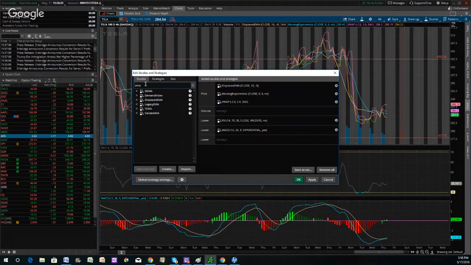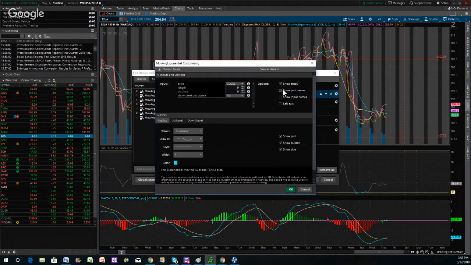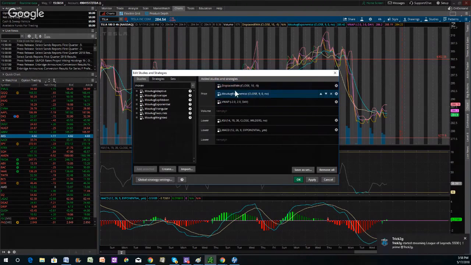Make sure when you select the moving average, the exponential one, that it's a 9 and 0. If your number is different, you can go to the settings here and change the number to 9. Also, the displaced EMA is a 10 and -5.